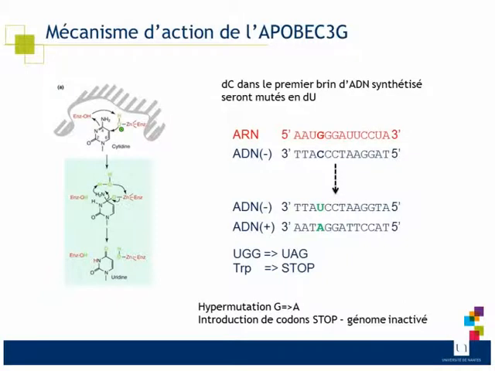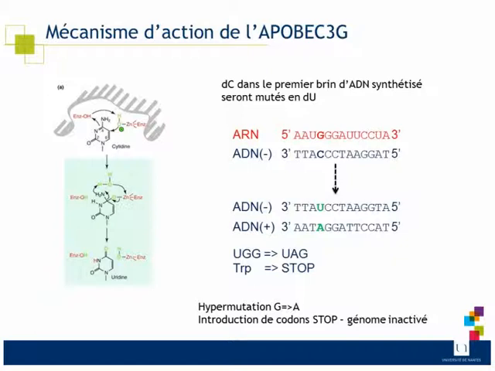APOBEC3G is a cytidine deaminase. Its substrate is cytidine in DNA molecules. And once HIV enters the infected cell, first you have decapsidation, then you have reverse transcription. So the HIV reverse transcriptase copies the RNA genome into DNA.